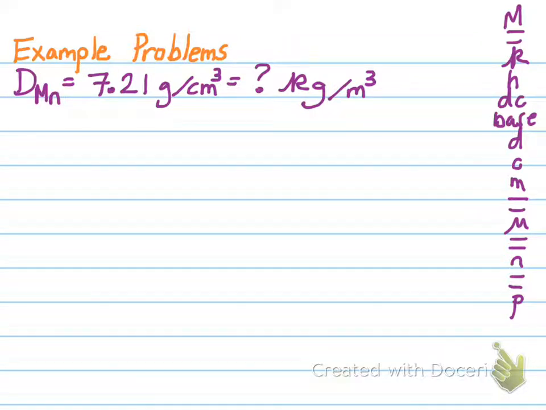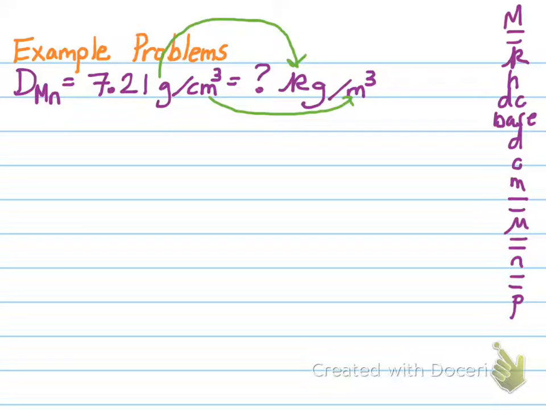So this is considered that more complex unit problem because notice I need to convert grams to kilograms, and I also need to change cubic centimeters to cubic meters. So I have to change both of those. And the order that I do that really truly doesn't matter.